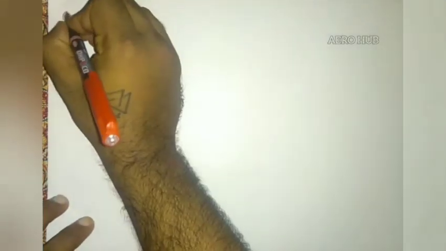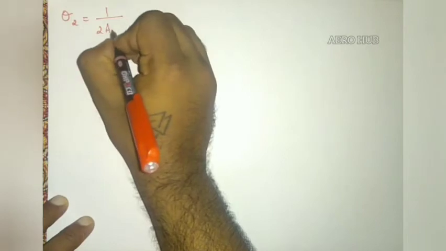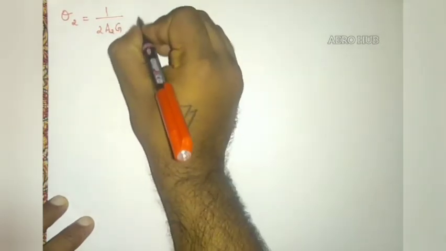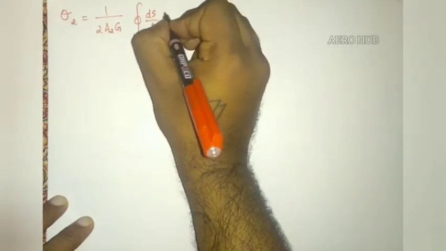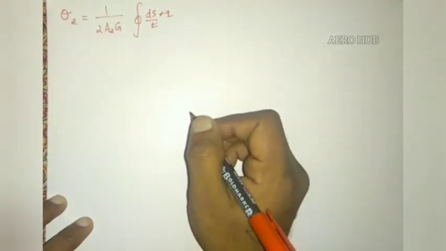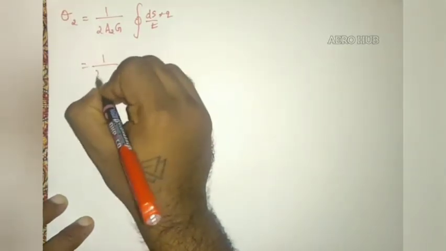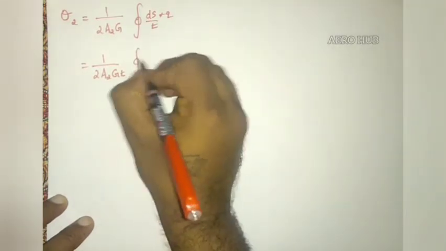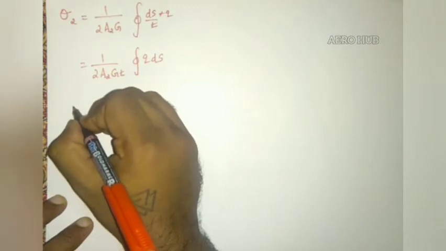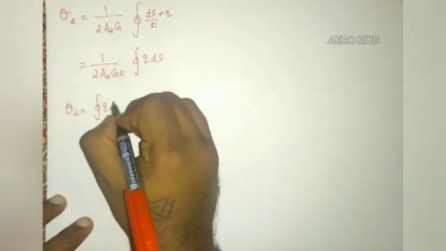Theta 2 is given by theta 2 is equal to 1 by 2 area of cell 2 into G integral ds by T into Q. Okay, and the thickness is same, so I can write 1 by 2A2 G into T integral Q ds, and theta 2 is also 0, so that will be theta 2 is equal to integral Q ds.